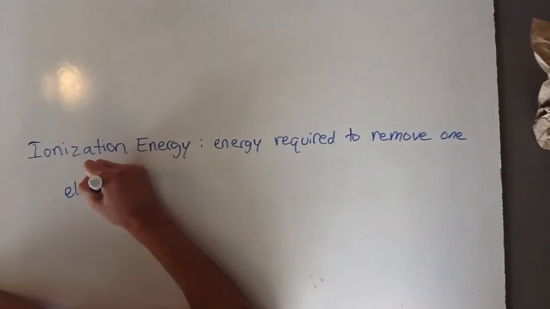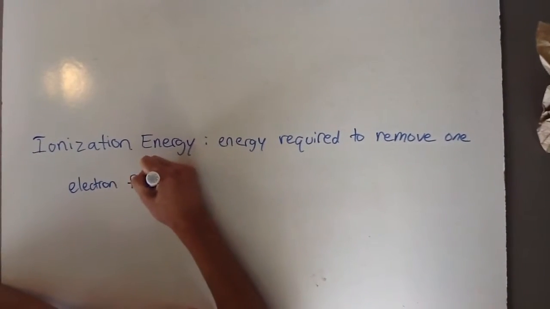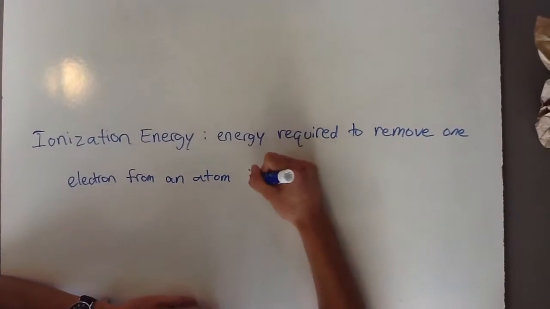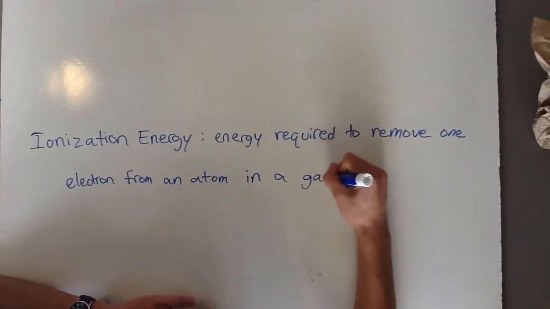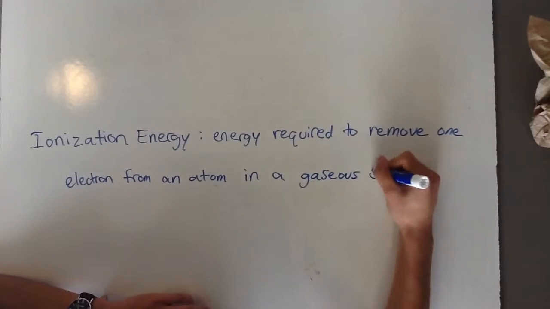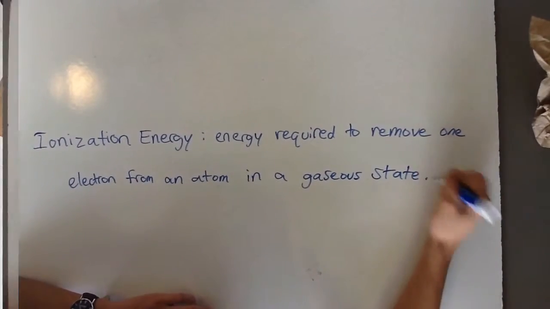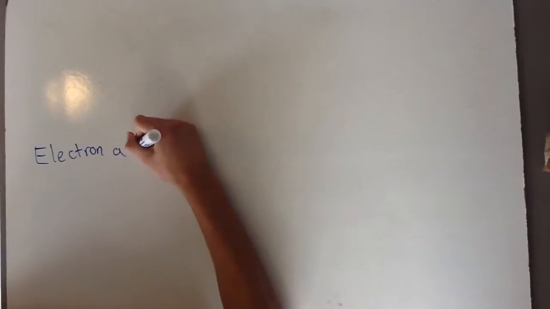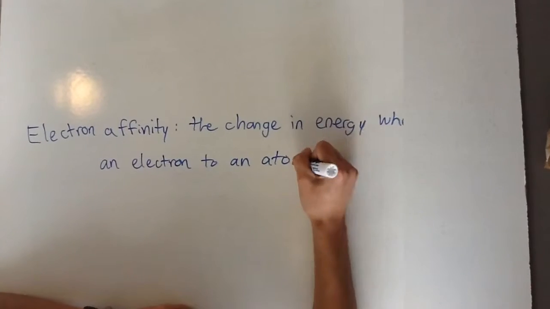Ionization energy. This is the energy required to remove one electron from the atom in a gaseous state. Electron affinity. This is the change in energy when adding an electron to an atom.